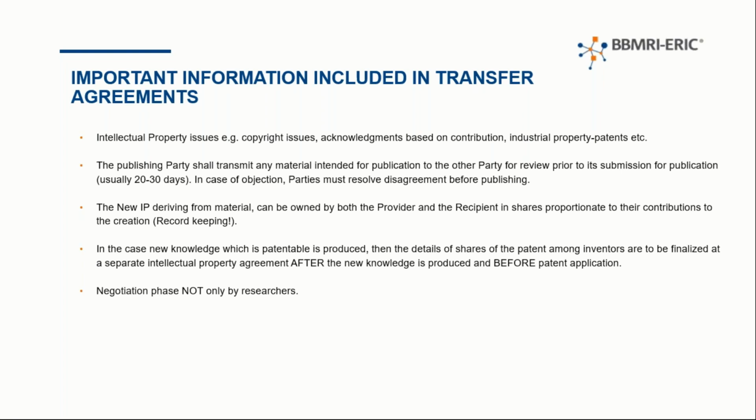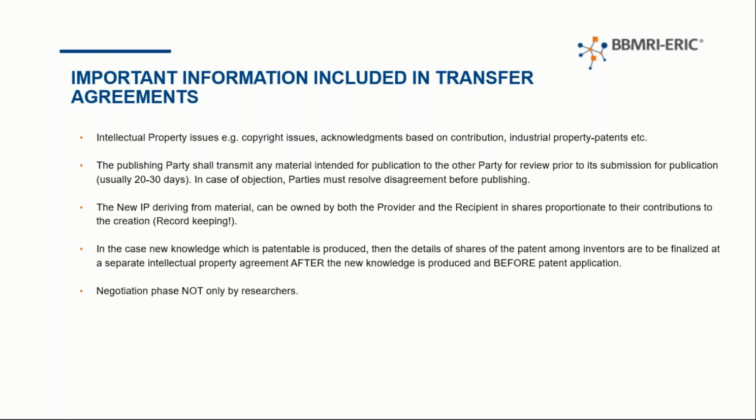Usually, and this is the vast majority of the cases, when it comes to transfer of material and data, the thing expected to come out of research is most commonly a paper, a scientific paper. So there are specific terms where the acknowledgement issues are articulated, and also the publishing party has some obligations.